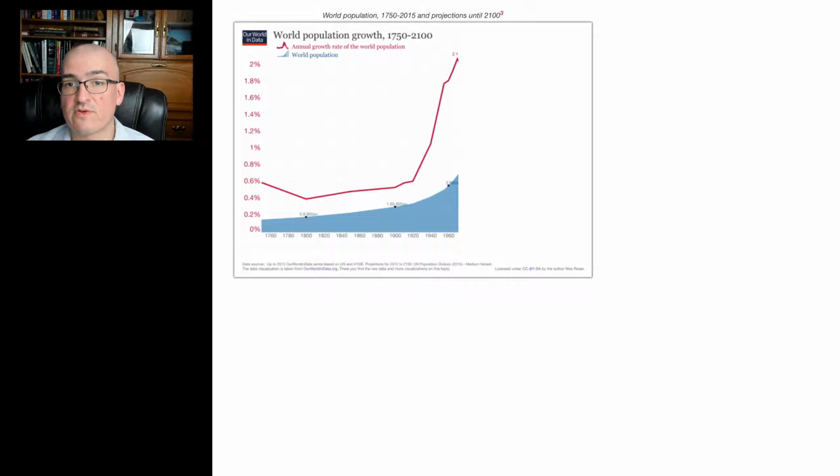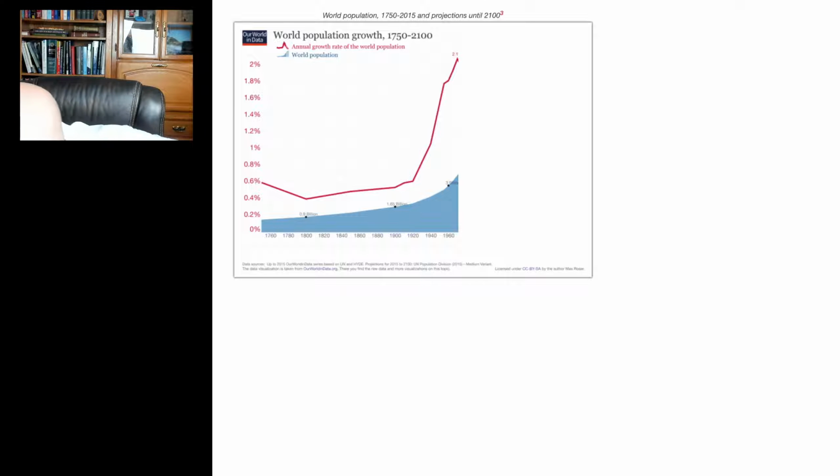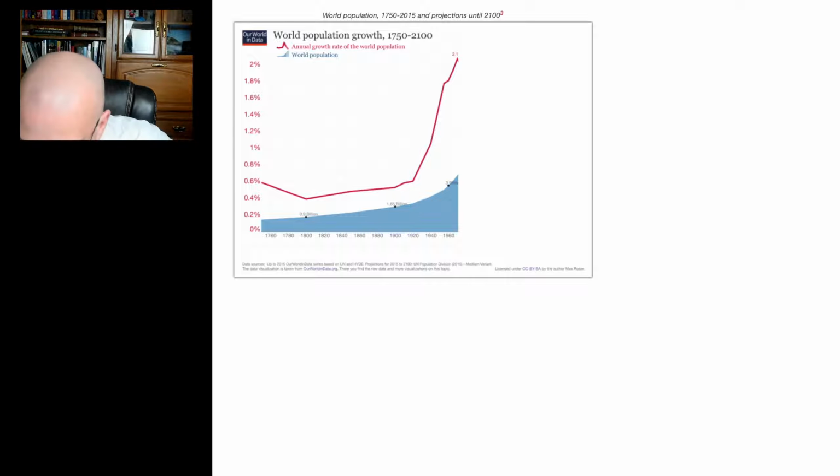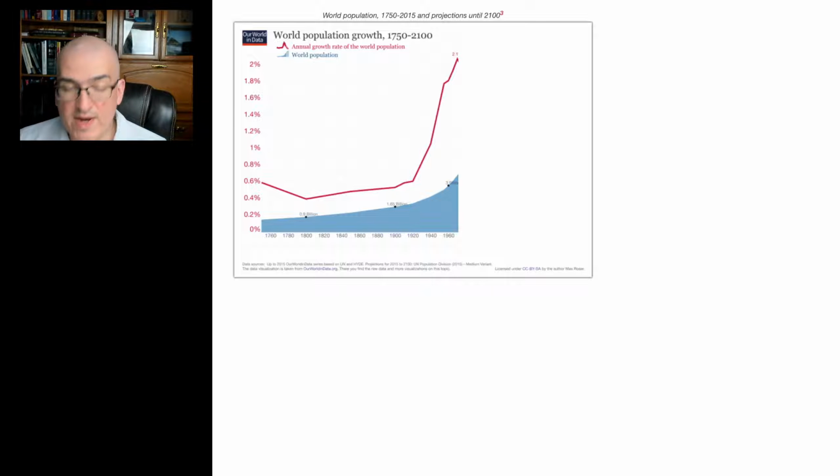So here's a piece of a graph of the human population curve. The blue is the population of humanity up until, looks like, around 1970 or so. And the red line is the growth rate, the percentage growth of the population every year. And something dramatic happened around 1900.